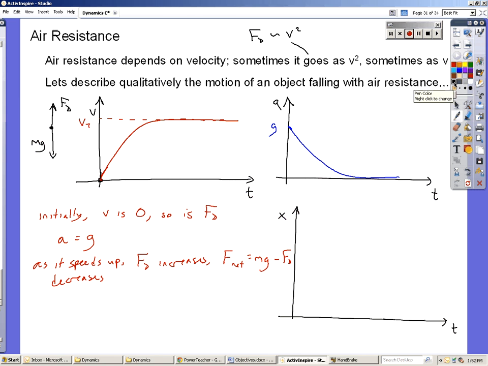And so initially, the position versus time graph looks like a parabola, but it gradually approaches a straight line because the velocity becomes constant. So those are qualitative graphs of motion of an object falling with air resistance.